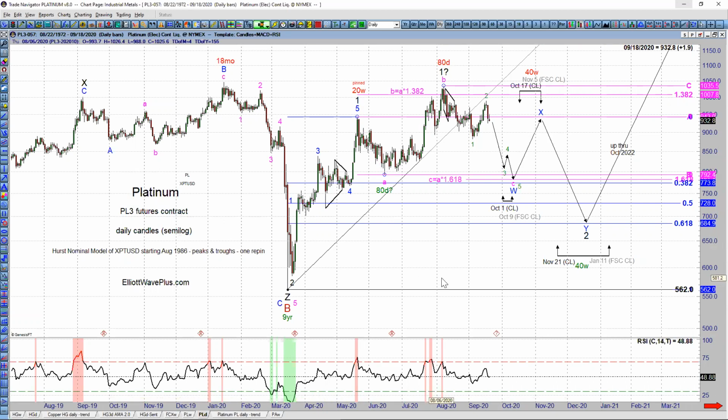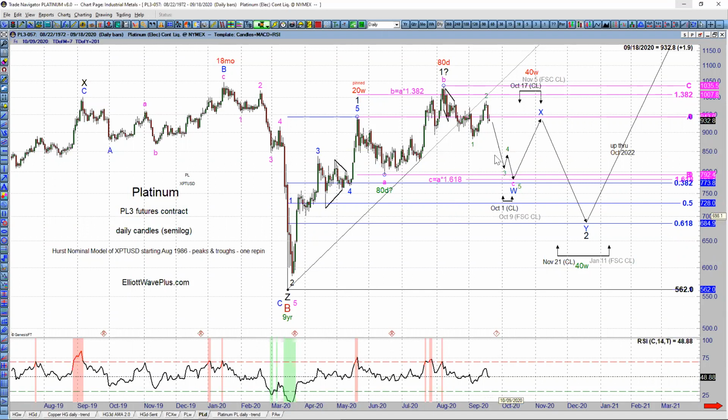They're both industrial metals. And the roadmap is a lot clearer here, moving down into this window, up into this window, down into this one. So I'm bearish on platinum and looking lower into the first half of October.